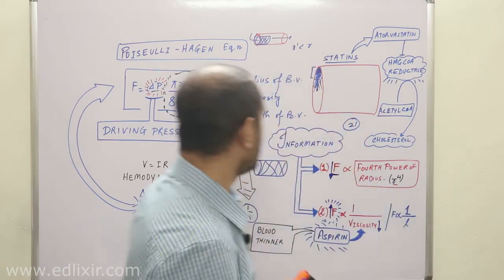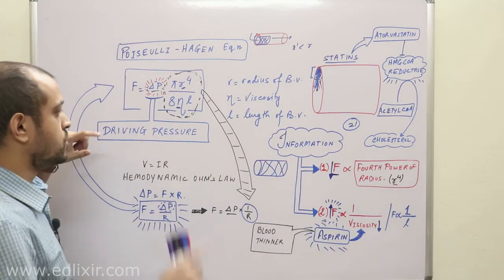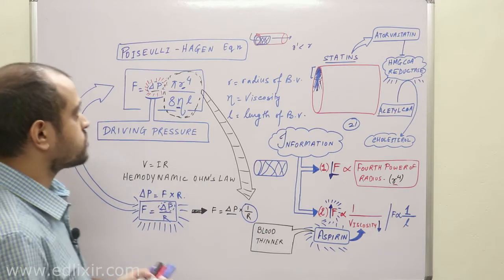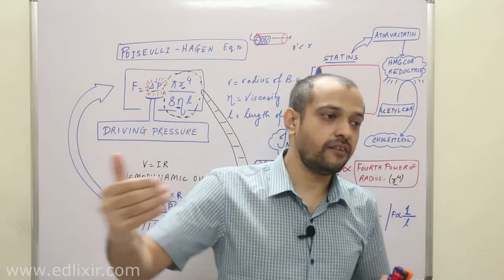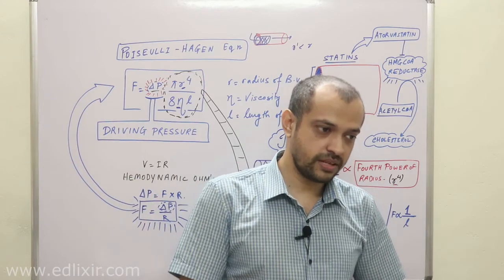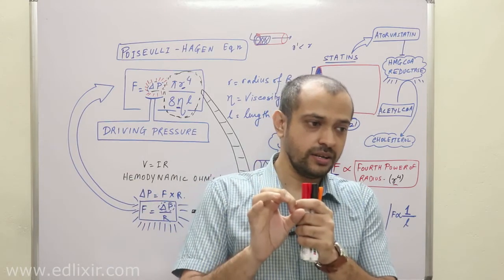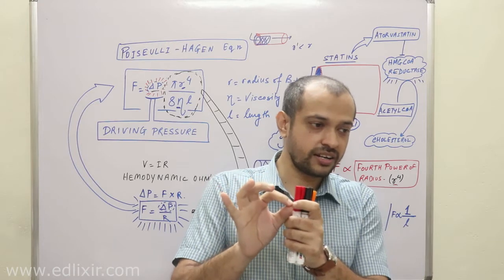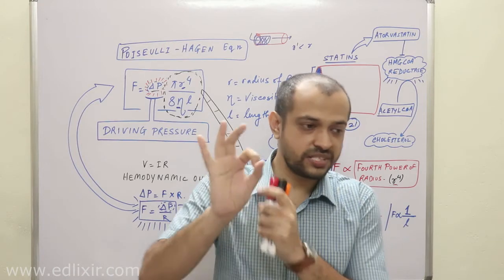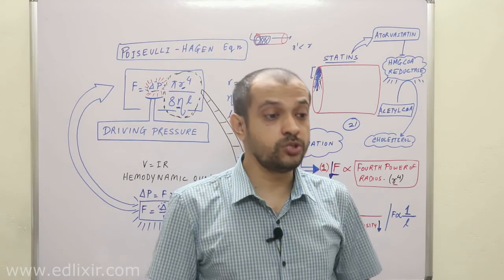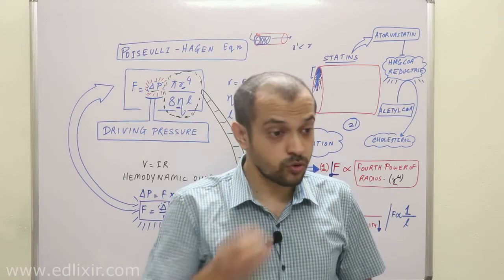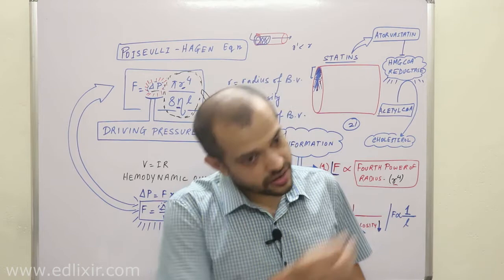Clear? Now we will be talking about total peripheral resistance. Suppose your doctor is saying that you will have to undergo stenting therapy. That means a stent will be placed in a part of your coronary artery. Many of your other blood vessels, which you cannot recognize or don't even know about, are also having the same problem.